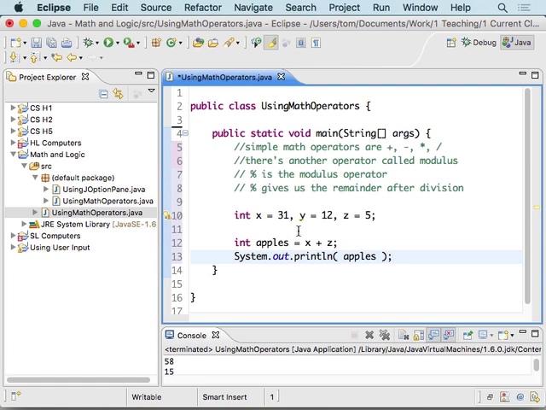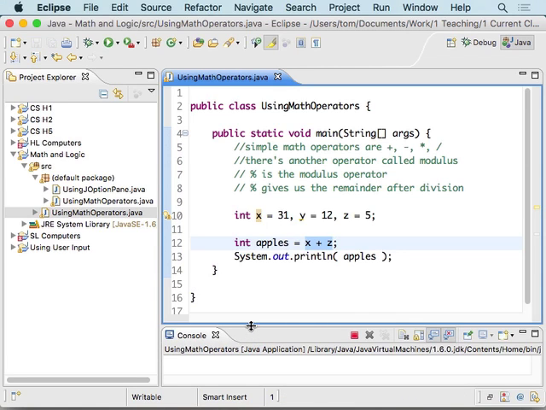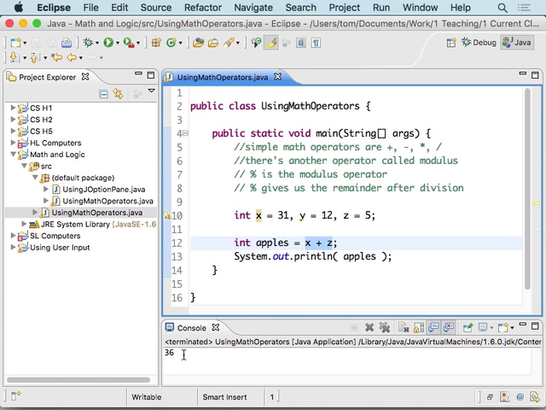This is pretty simple, but hopefully what you're understanding is it's going to take 31 plus 5, so we get 36, and it's going to store the result 36 into apples. So when I run this, we see that 36 is what gets printed out. Any questions about that? All right, so that's pretty straightforward.